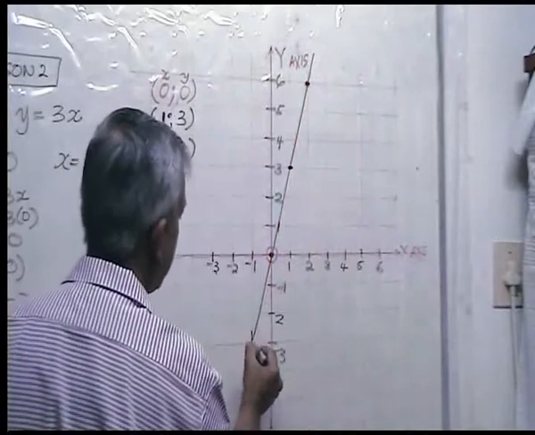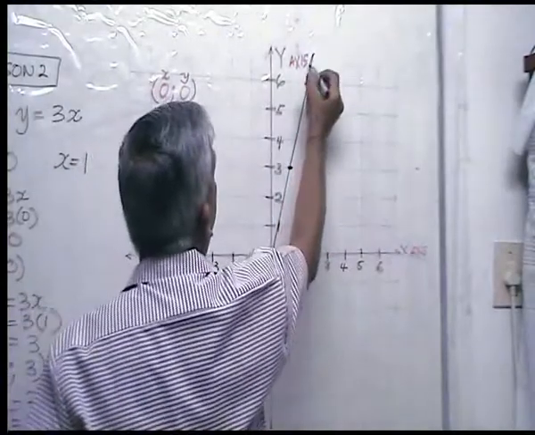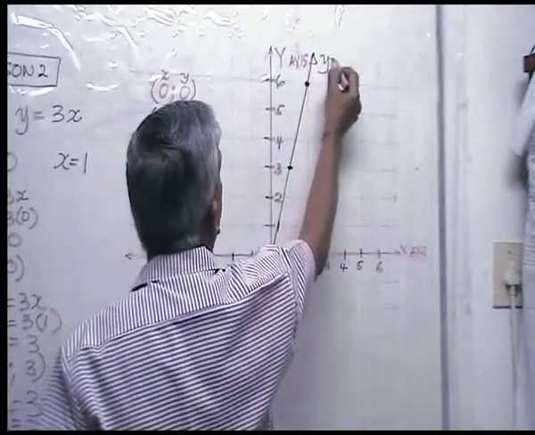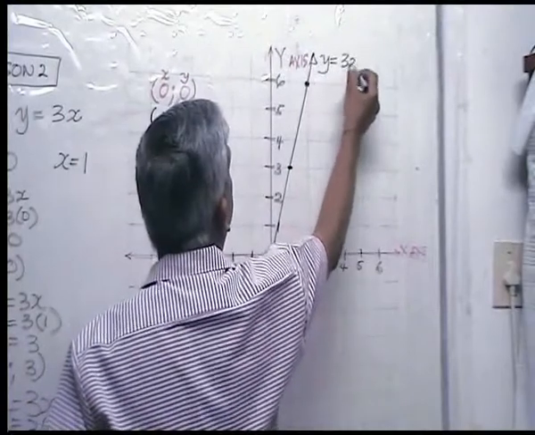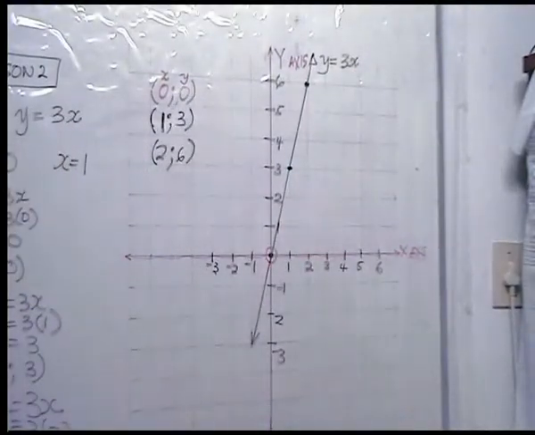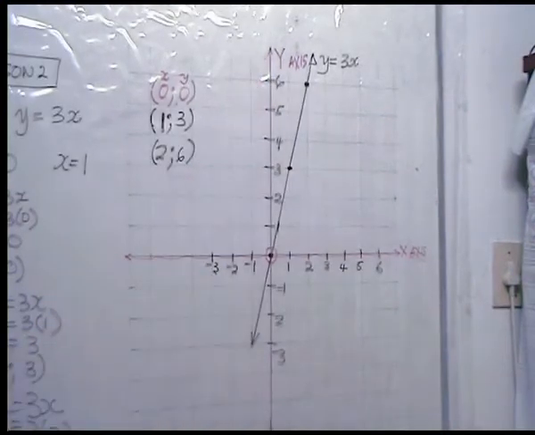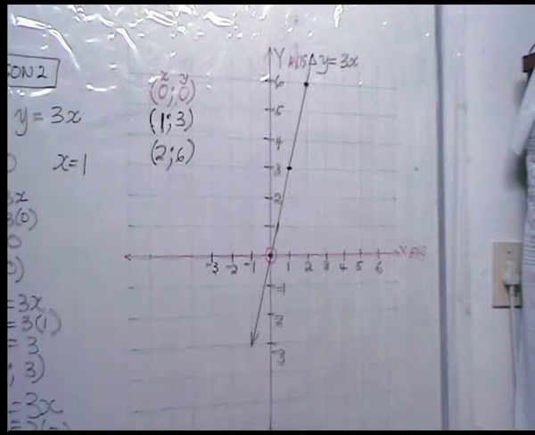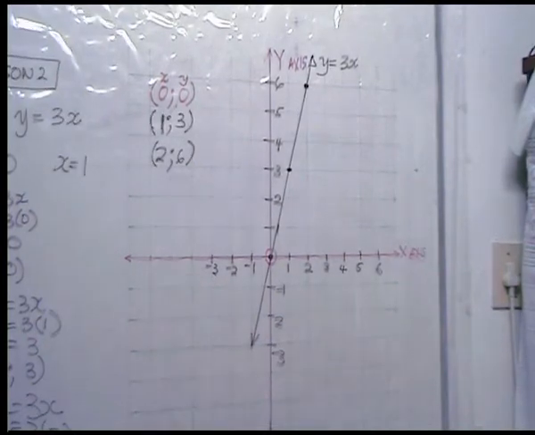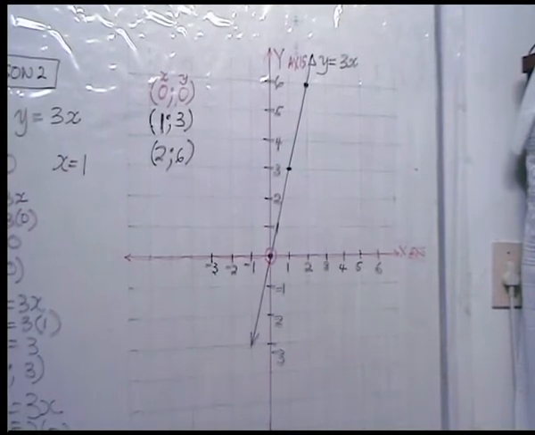And you put an arrowhead on this side, you put an arrowhead on that side, and you label it y is equal to 3x. So that is how you draw a graph. Plot the points, 1, 2, 3. We finish plotting them, and then use a ruler and join them, and there you have your straight line graph. So we have drawn the first graph.